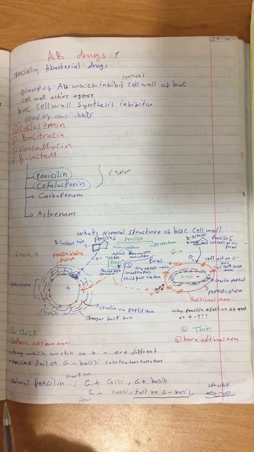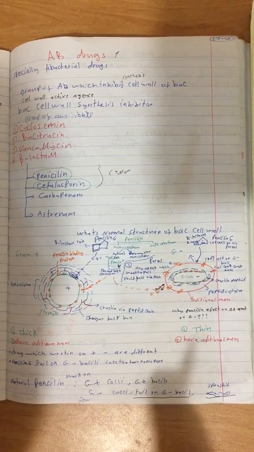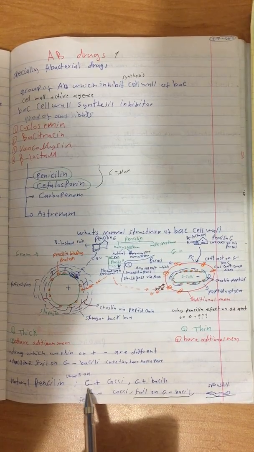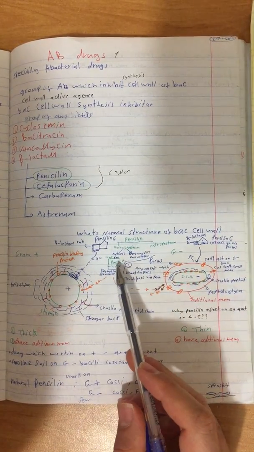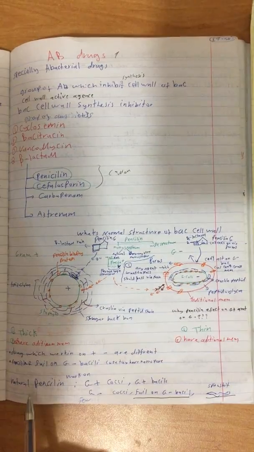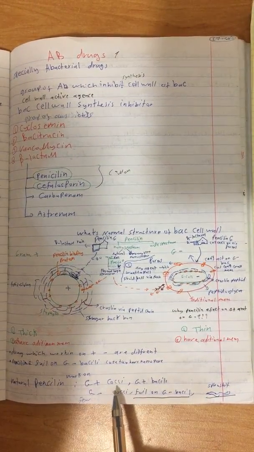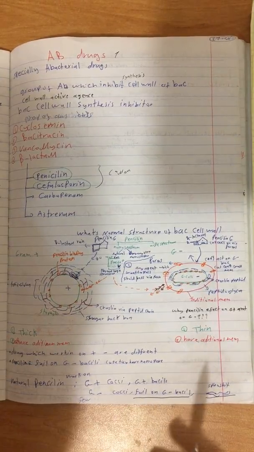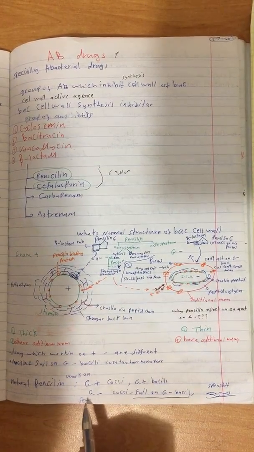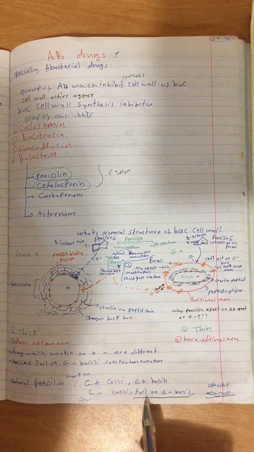So what can natural penicillin act on? Natural penicillin is penicillin G and penicillin V. Natural penicillin can work on gram positive cocci, gram positive bacilli, and a few gram negative cocci.